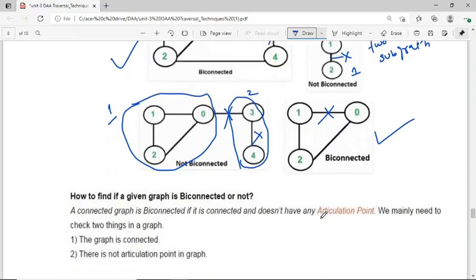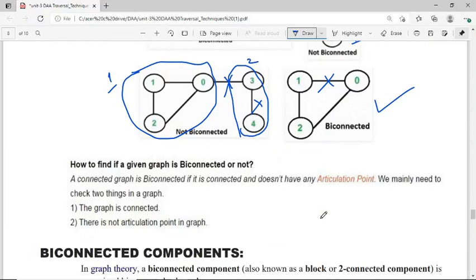So this is how to find whether the given graph is biconnected or not. With the help of articulation points, we can identify whether the graph is biconnected. A graph is biconnected if it is connected and does not have any articulation point.